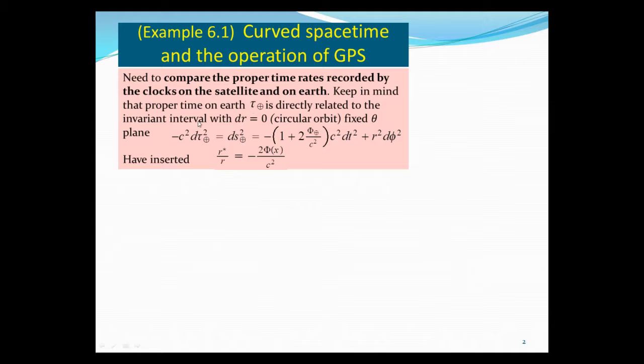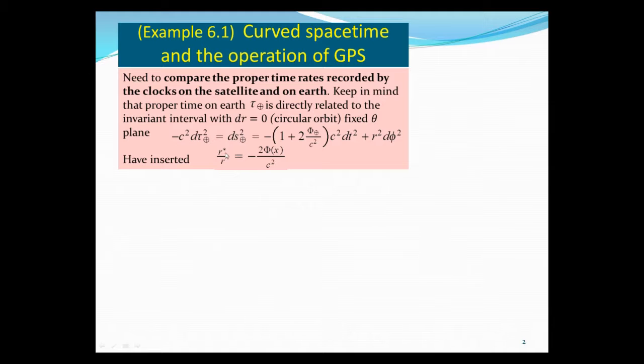directly related to the invariant time interval, ds. So the proper time is related to ds squared this way. Then from the Schwarzschild solution, ds squared is related to 1 minus the Schwarzschild radius over r, times the time term, and then there's the azimuth angle term, because we're talking about fixed radius and fixed polar angle, since we move in a plane with fixed theta equal to 90 degrees.